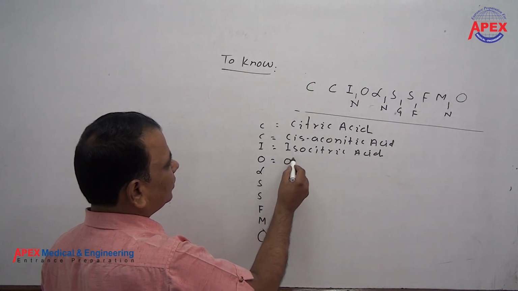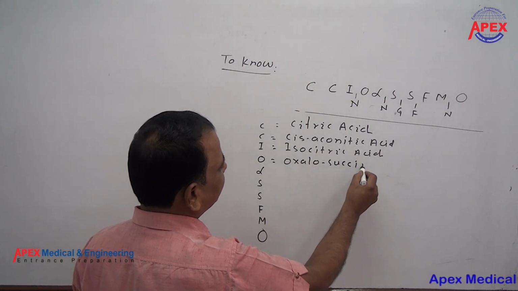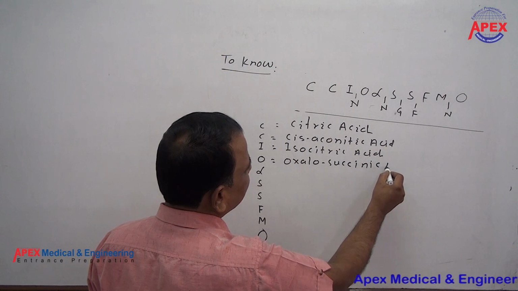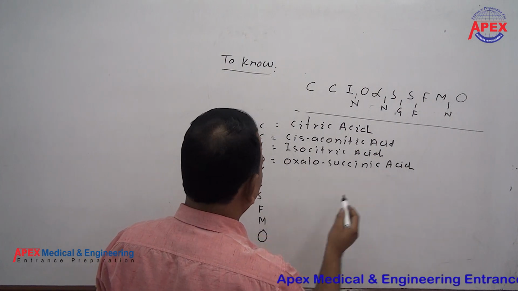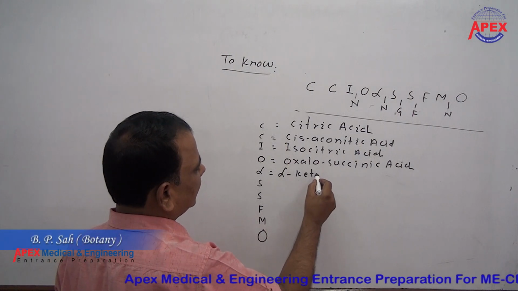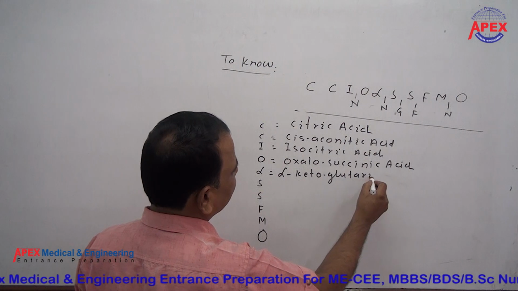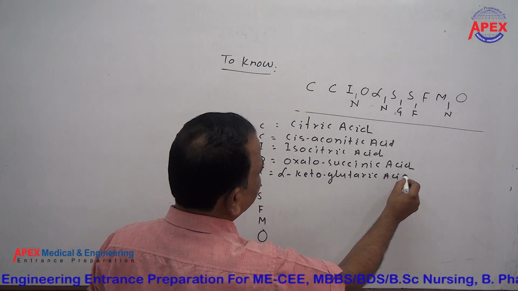and oxalosuccinic acid, that you have to know. Succinic acid, please you have to know this. Alpha ketoglutaric acid, that also you have to remember.